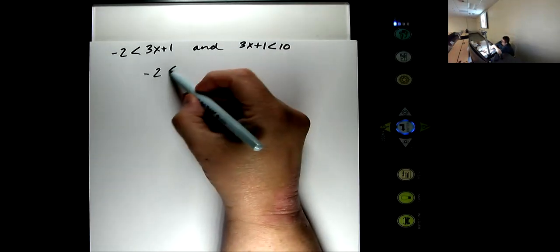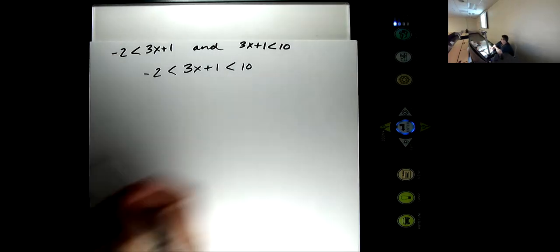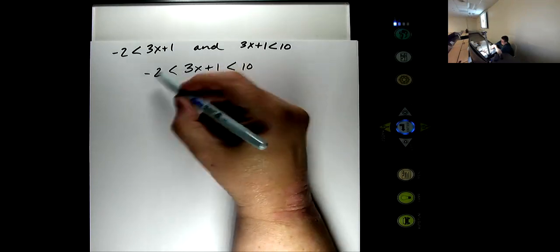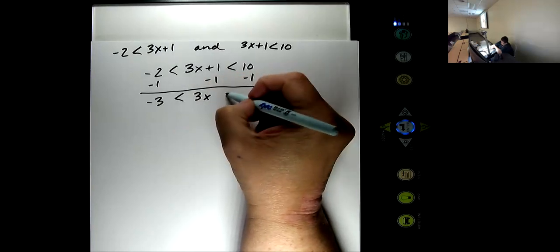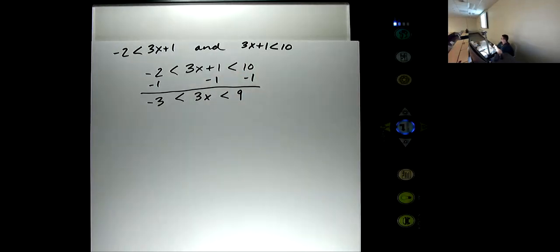Did you put them together first? Yeah. Now, subtract one. So if you subtract one from each spot. Did you get that? Yes. Now what? I divided by 3.